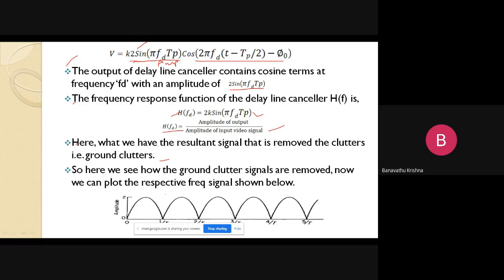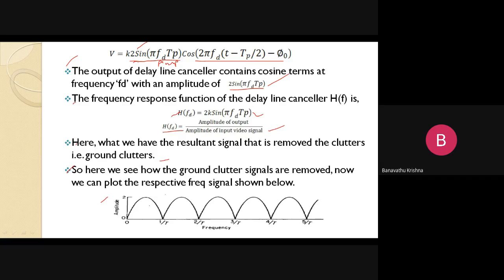Let us see in this graphical representation how the unwanted signals are removed, and plot the respective frequency response.